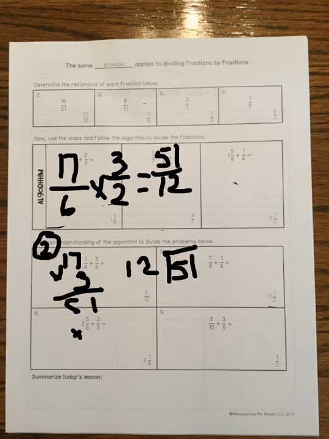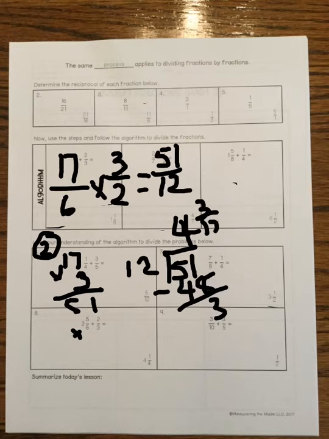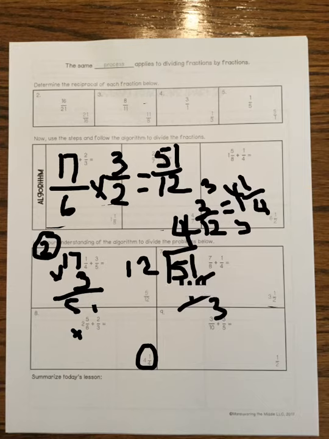So I know that will go in 4 times, which is 48. And I end up with 3/12 as my remainder. Well, I know I can reduce this by dividing by 3/3. I can divide that by 3, and I can divide that by 3, and I end up with 1/4. So the answer is 4 1/4. We did that one correctly as well.